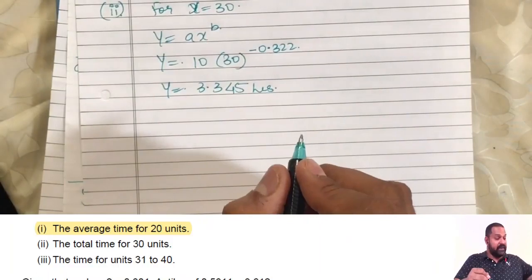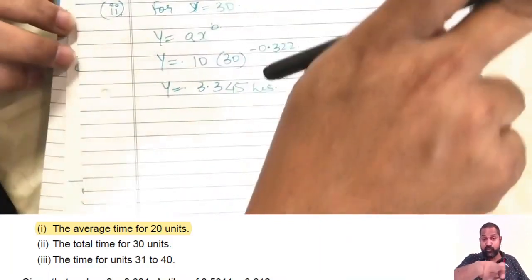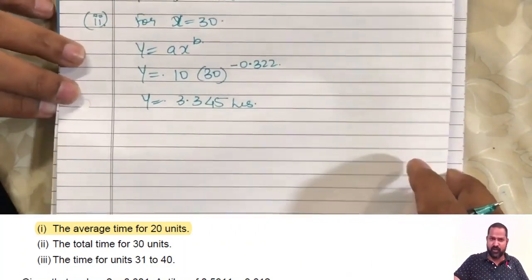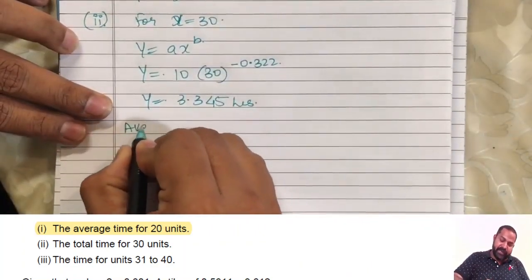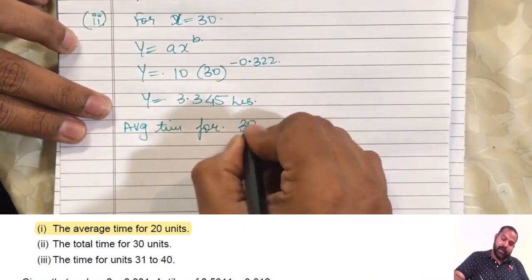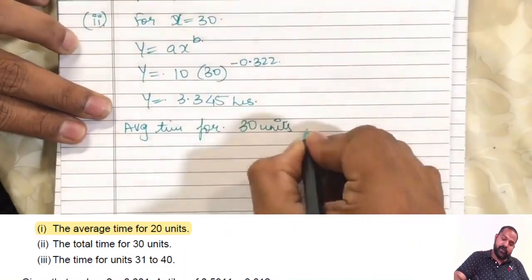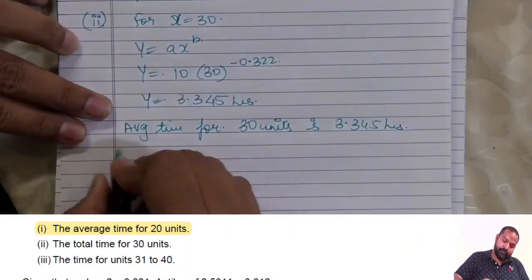But sir, they didn't ask you the average for 30. They asked you the total for 30. Well, that's okay. I'm going to say average time for 30 units is 3.345 hours.